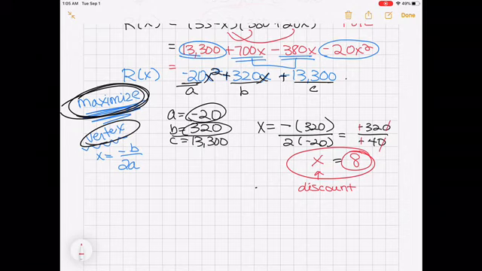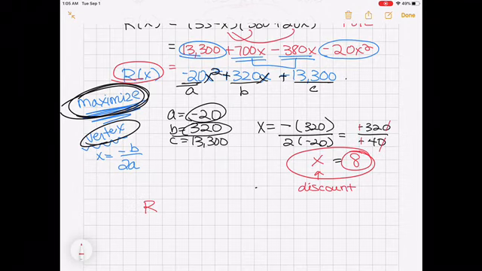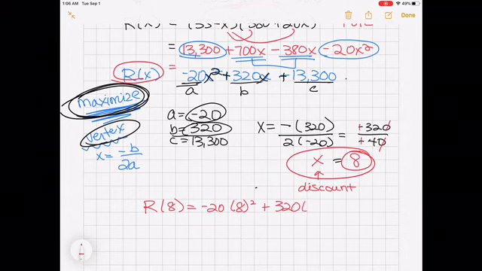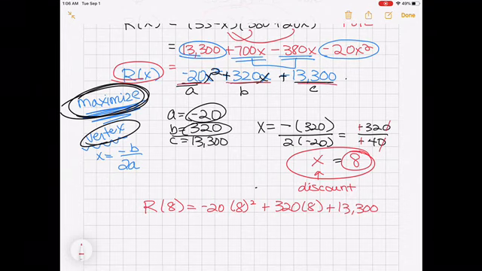Well, let's find out that total revenue, right? So if the discount is now 8, R of 8 equals negative 20 times 8 squared plus 320 times 8 plus 13,300, which we got all from right here.